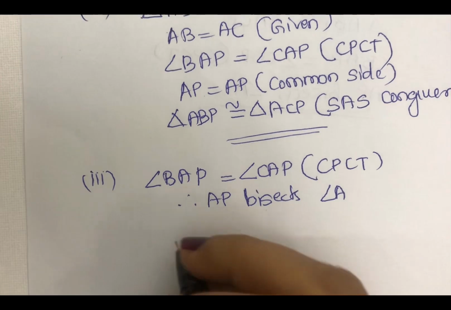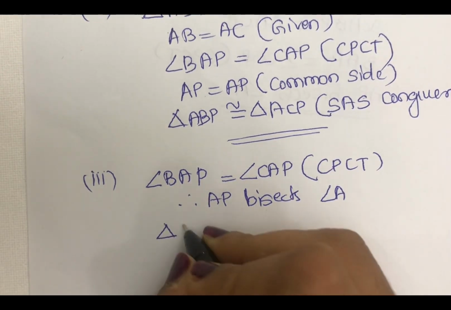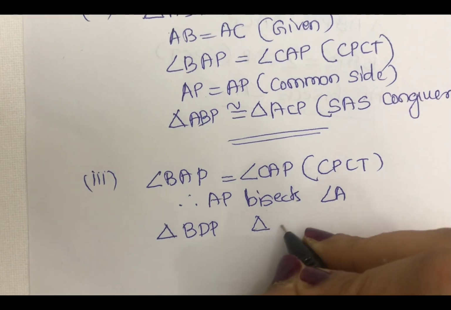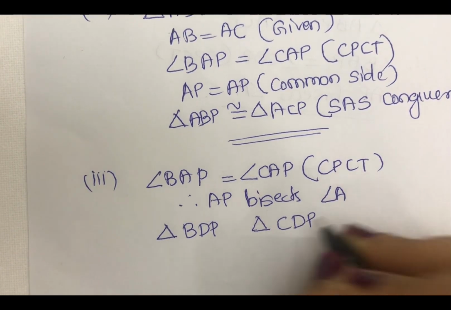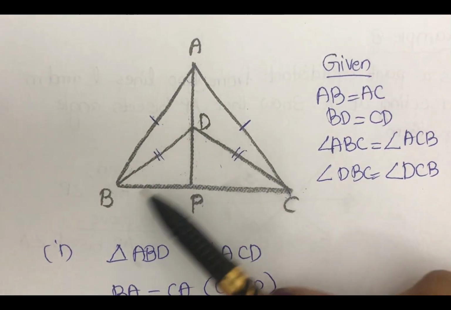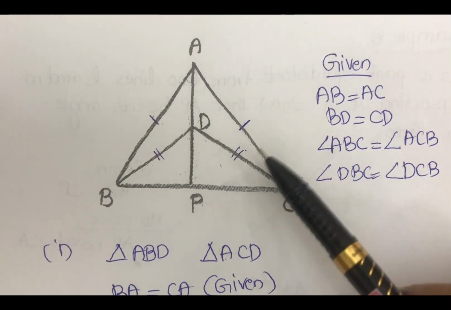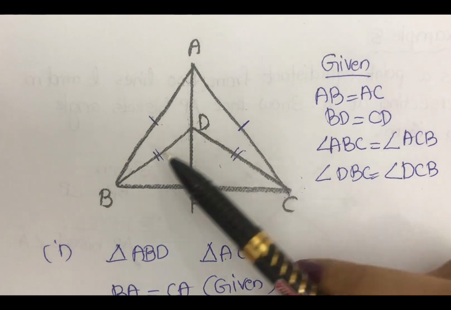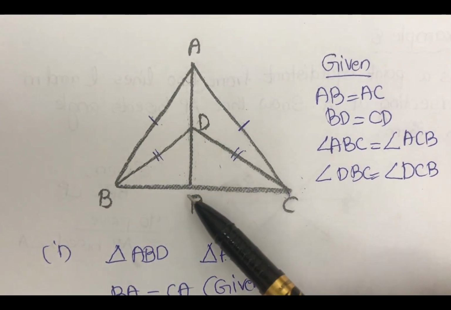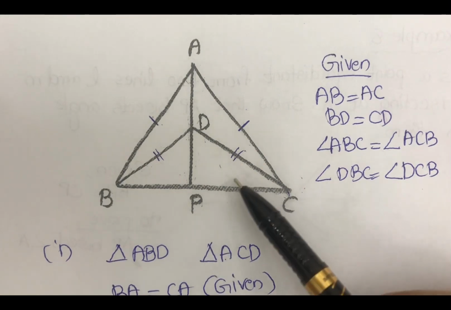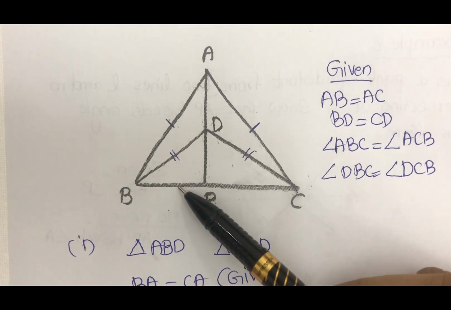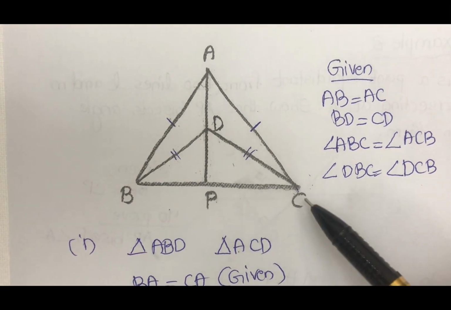Okay. Now let's take triangle BDP and triangle CDP. So here these two sides are equal. Why? Because it's an isosceles triangle. And also here BP is equal to CP.